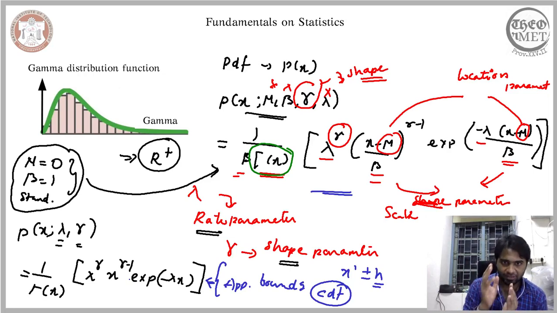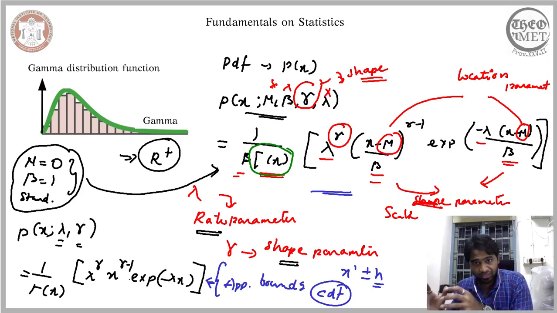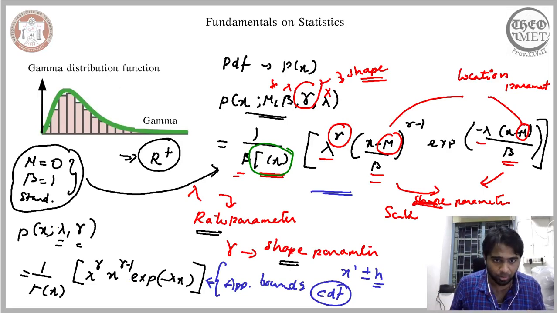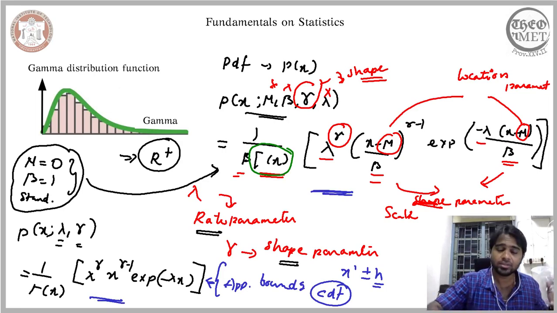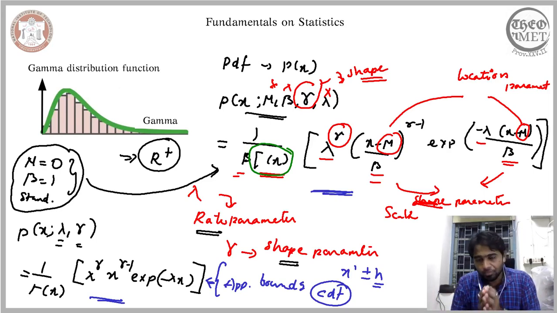Now, the way we treat these cumulative boundaries, and arrive at a function, we refer to as a cumulative density function. So by imposing the appropriate bounds onto these PDFs, we will be able to arrive at the cumulative density functions for the gamma distributions.